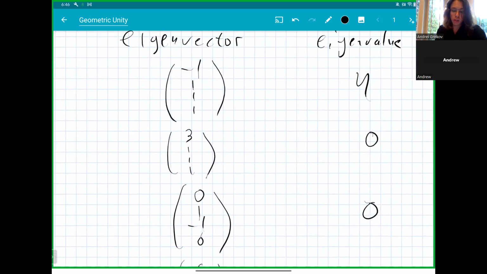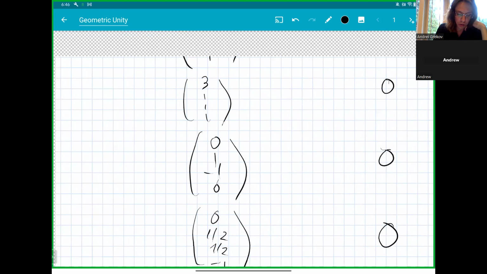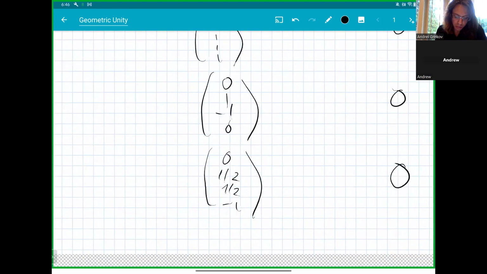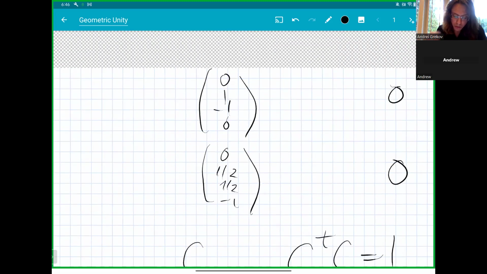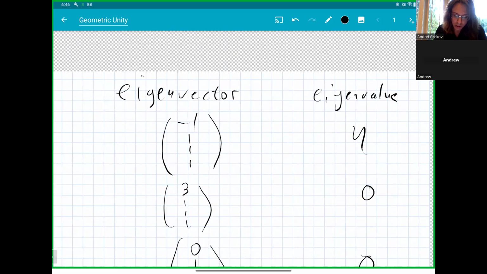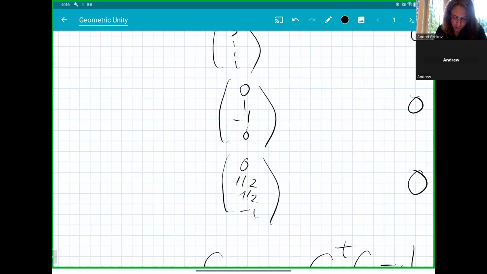And if they're all orthogonal to each other, we could make them orthonormal, and we could build a matrix out of them, right? Matrix C, such that C transpose times C equals 1, out of these 4 vectors, if they're properly normalized. And that allows us to diagonalize this matrix in a certain basis.